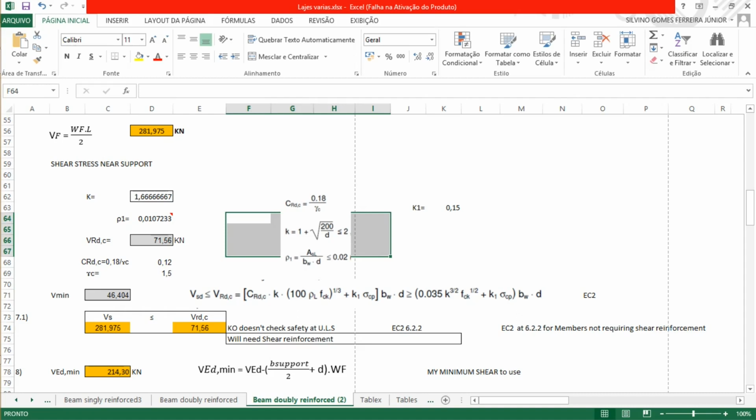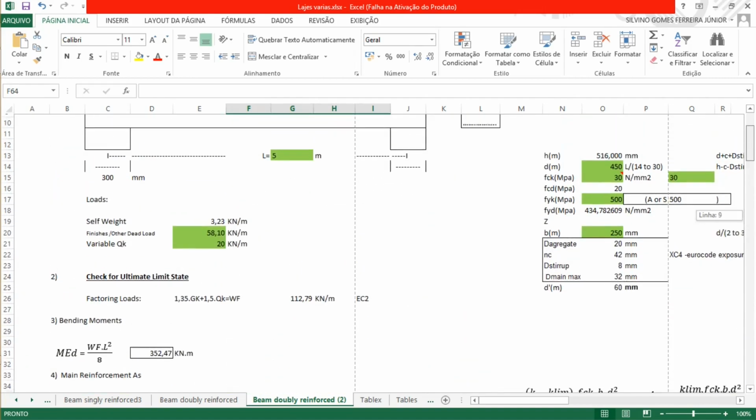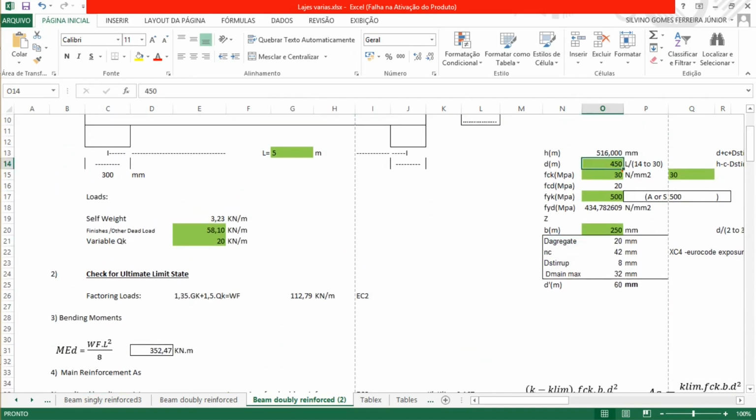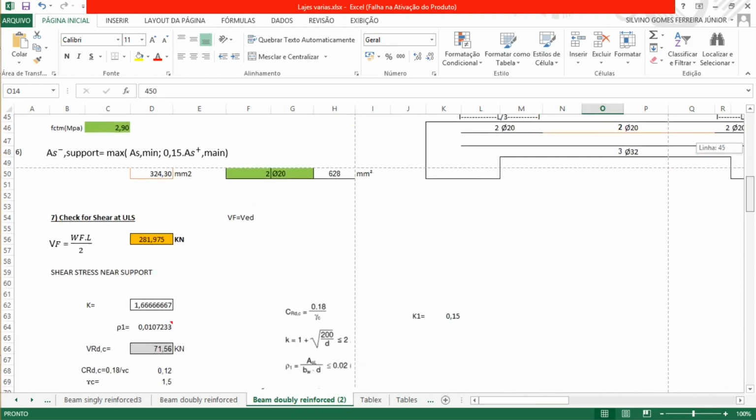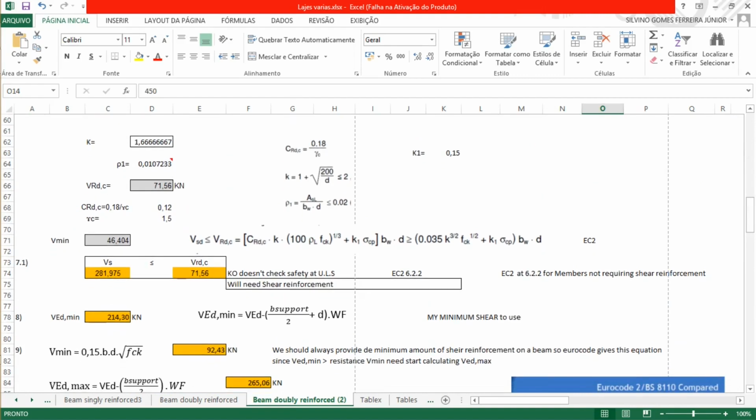When we replace this d of 450 that we are considering, we get k, and the k given is 1.6, which is less than or equal to 2, so we can adopt 1.6. If it was bigger, we would have to restrict it to 2.